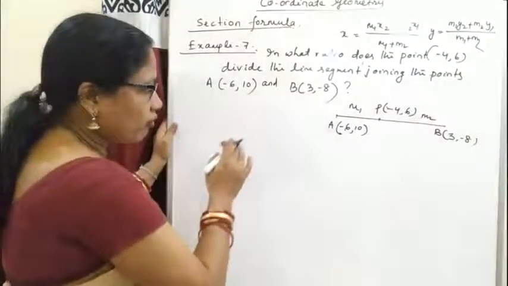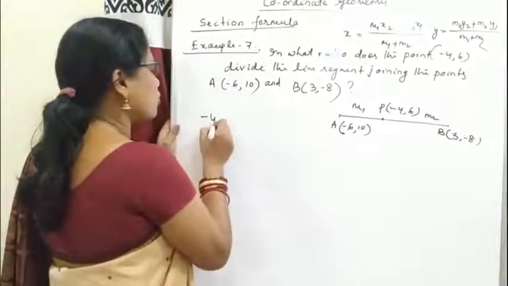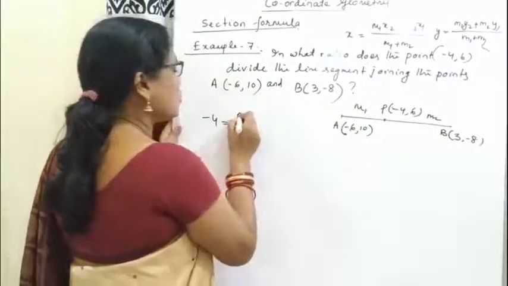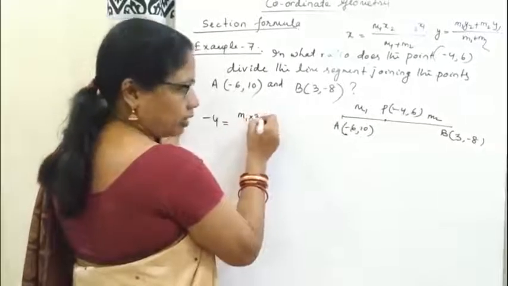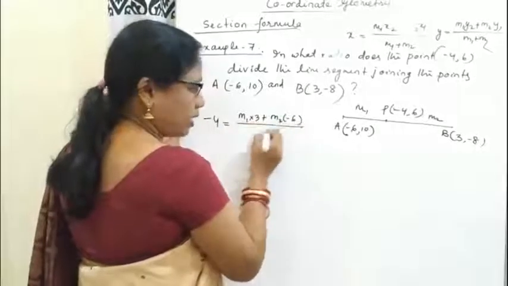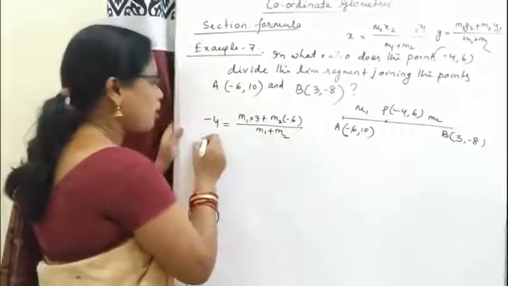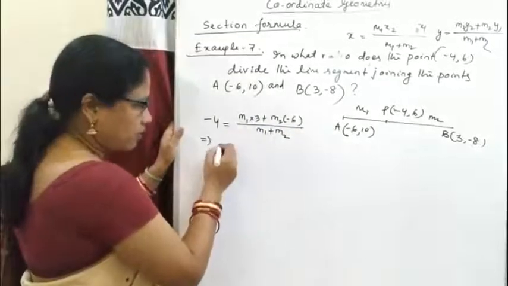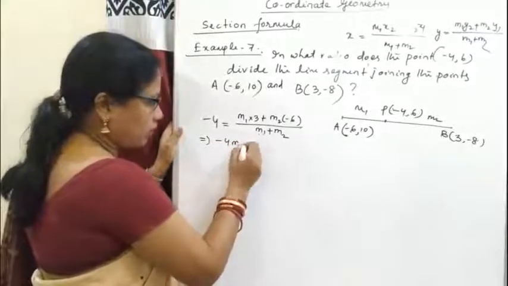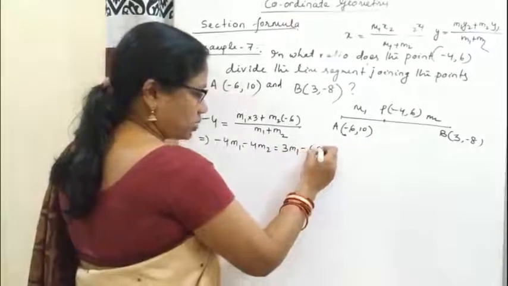So by using the formula, what is the x coordinate of P? -4 should be m1 multiplied with 3 plus m2 multiplied with -6, divided by m1 plus m2. Now we will solve this. By cross multiplication, -4 m1 - 4 m2 is equal to 3 m1 - 6 m2.